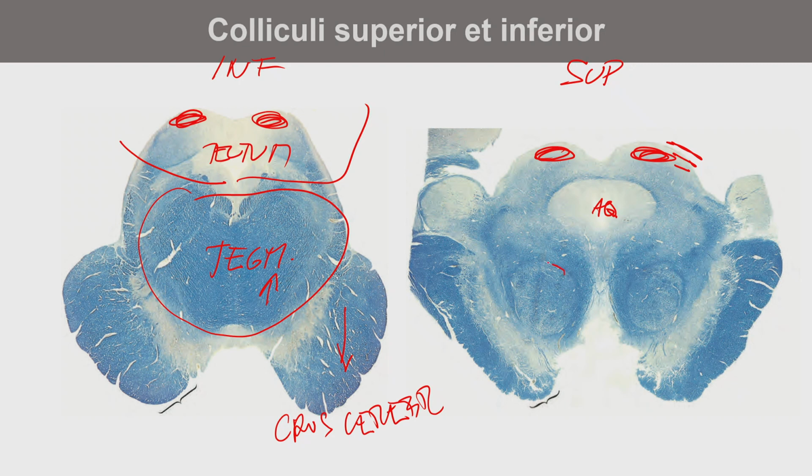This is a part where we can observe those structures. Those structures are nucleus ruber and substantia nigra. Both are very, very important structures which are maintaining the motion.